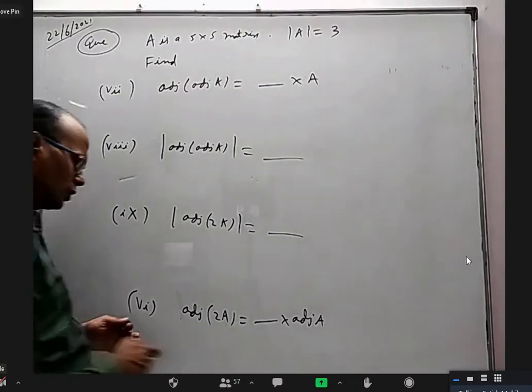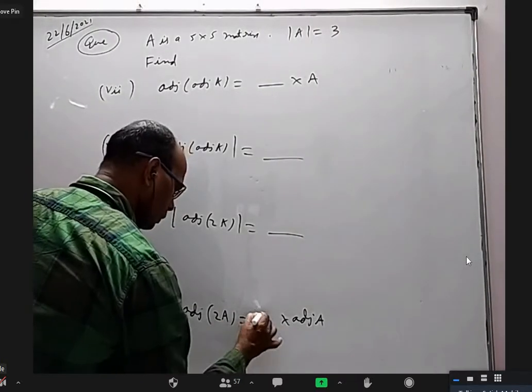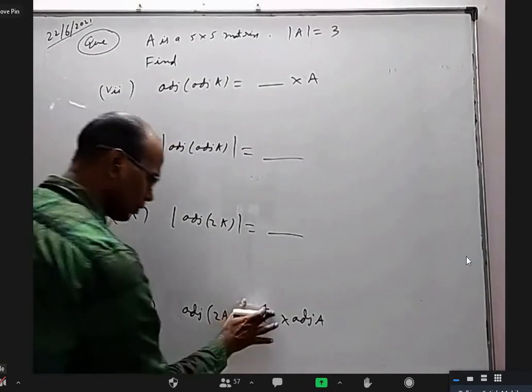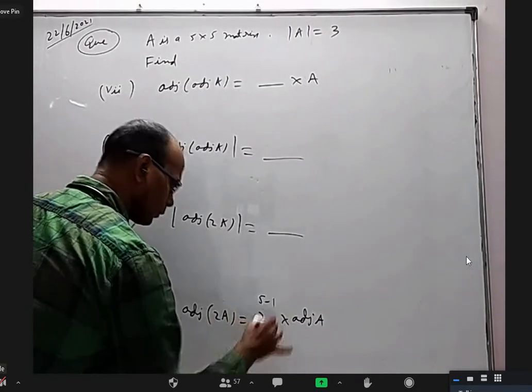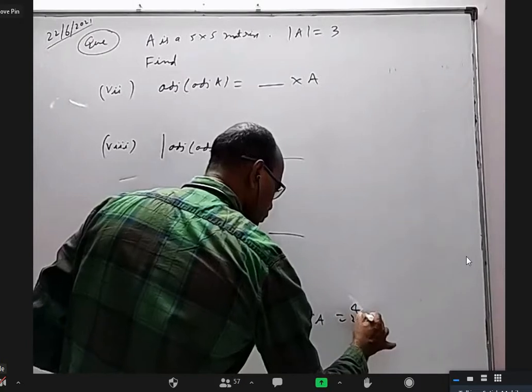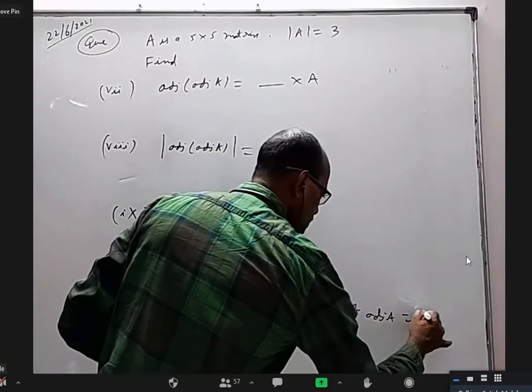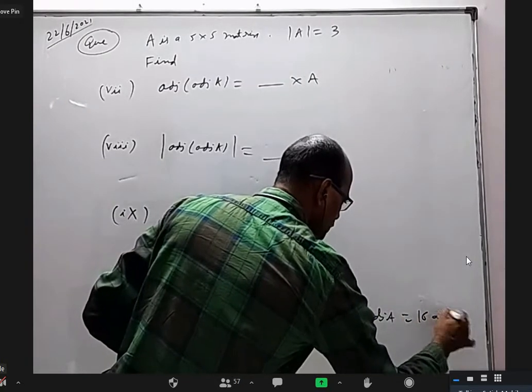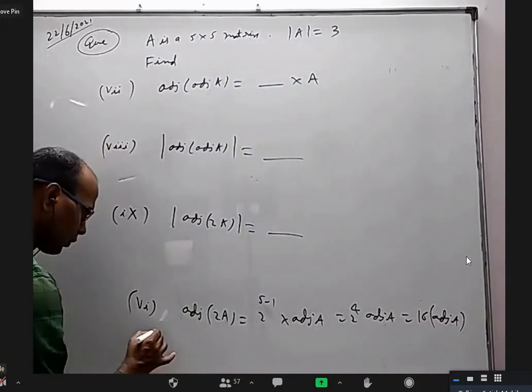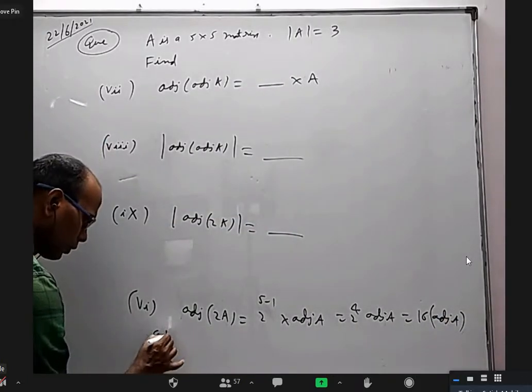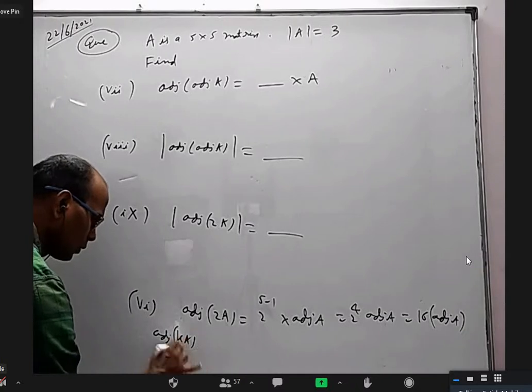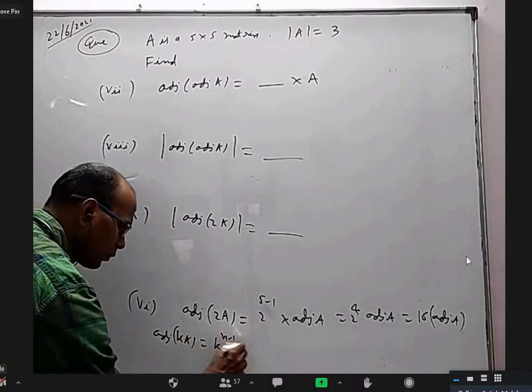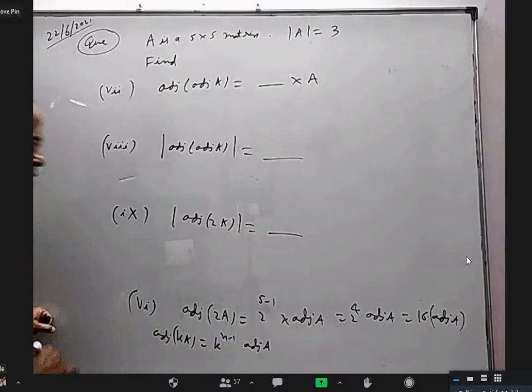And we're coming to this, it is 2 power 4, that is 2 power 5 minus 1, which is 2 power 4 into adjoint A, which is 16 times adjoint A. Yes, formula, sir, 16 only. Yeah, adjoint Ka is K power n minus 1 into adjoint A. That is the formula we used here.